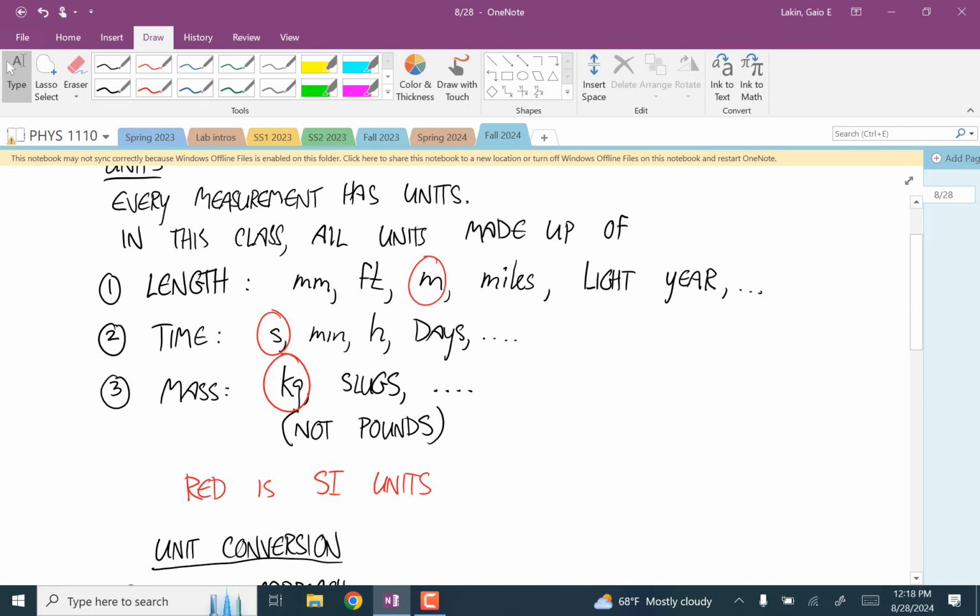So these three basic unit types, any conversion works the same as the example we just did. But we're also going to see units that are combinations of these, like you're used to miles per hour or meters per second, or, in chemistry, density is kilograms per meters cubed.